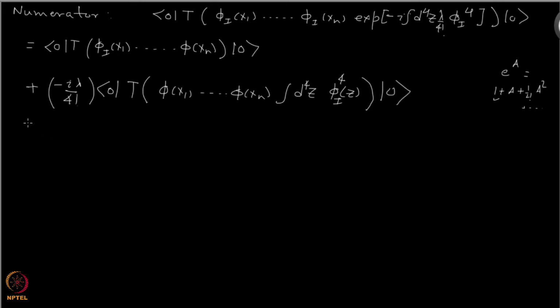And similarly, if you proceed to the nth term in this expansion, you get minus i lambda over 4 factorial raised to the power n, and 1 over n factorial, that comes because of the exponential. Okay, this is 1 over 2 factorial, 1 over 3 factorial for the next term, and so forth. Okay, I am forgetting to put i here.